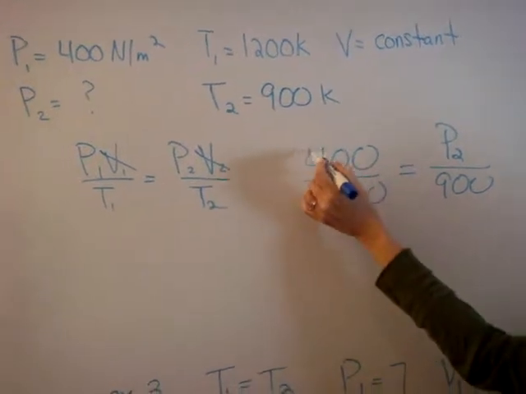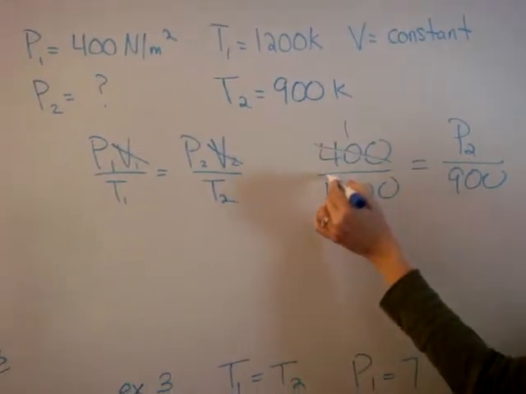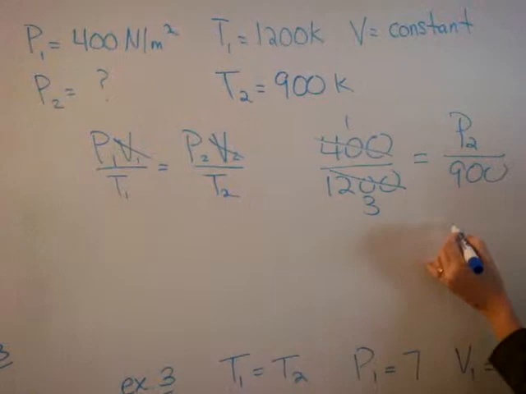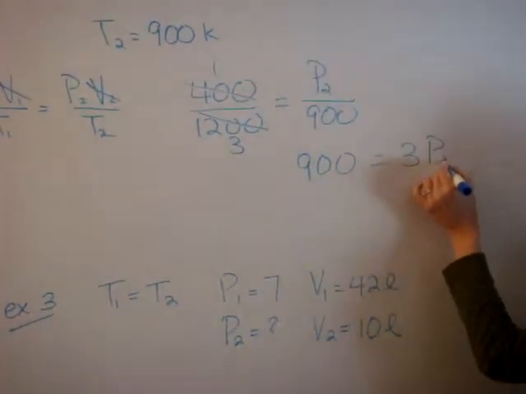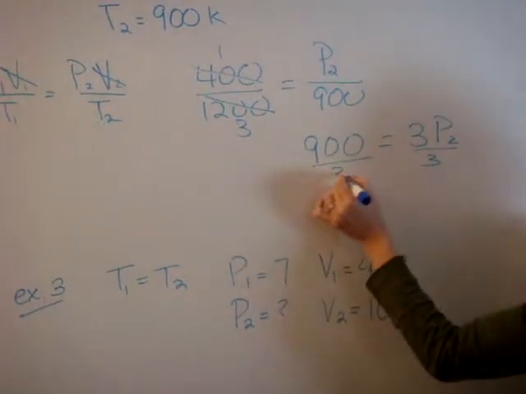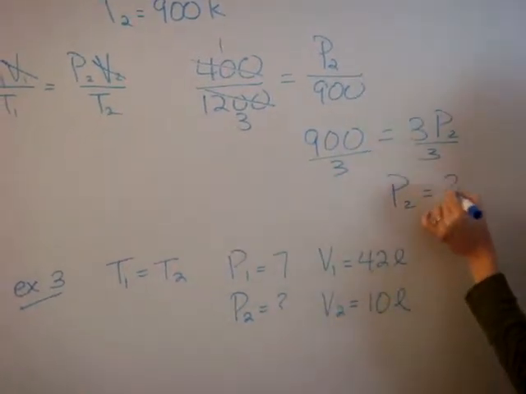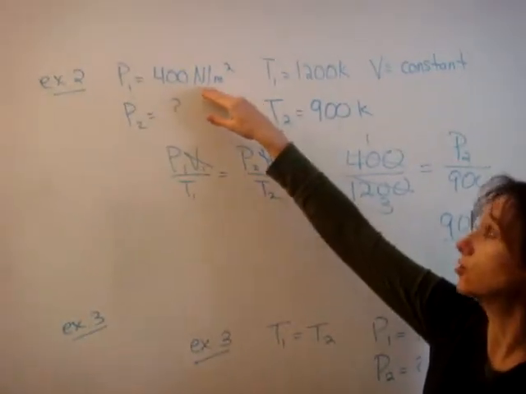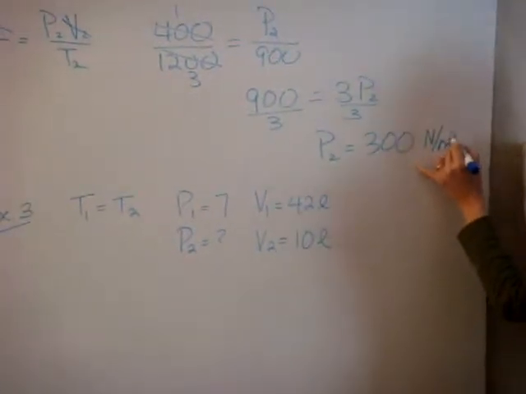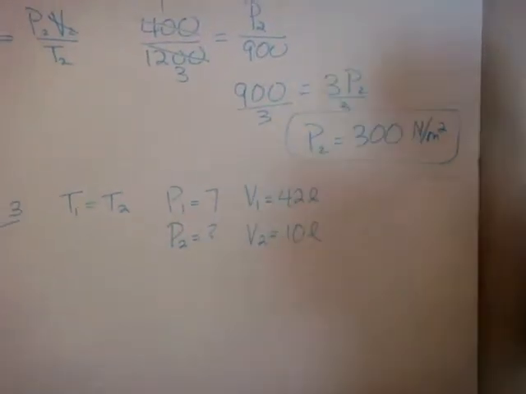We can reduce this, so it will go in 3 times. So we would get 900 equals 3 pressure 2, divide both sides by 3, and we would get pressure 2 equals 300. We have to see what our pressure is measured in, and it's newtons per meter seconds. So we just put newtons per meter seconds. And that's all there is to that.